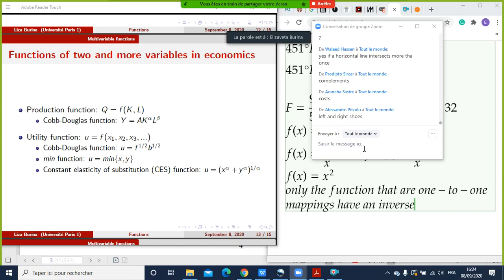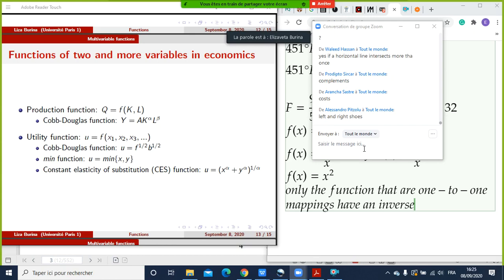Exactly, well, almost. Left and right shoes. We can have coffee and croissant that we only consume together and never separately. The minimum function is about perfect complements. So we have two goods that we always consume together.